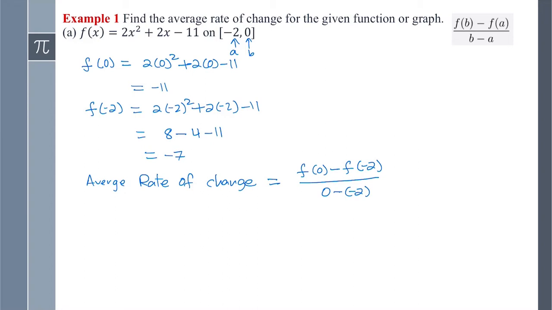That equals f of 0 is negative 11, minus f of negative 2 is negative 7, so that becomes plus 7, divided by 0 minus negative 2, which is positive 2. So you get negative 4 over 2, which is negative 2. So the average rate of change of that function on that interval is negative 2. Or in other words, the slope of the secant line going through those 2 points on that curve is negative 2.